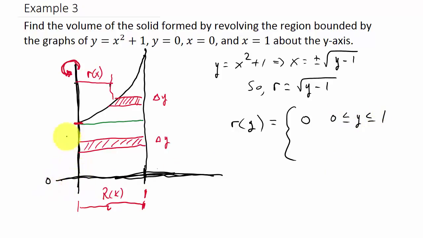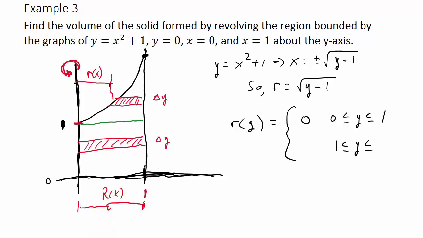See, here's y equals 0, here's y equals 1. And when y is between 0 and 1, little r is 0. And when y is between 1 and some other number, well, we need this point here.